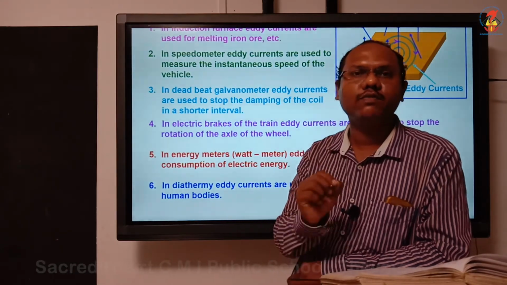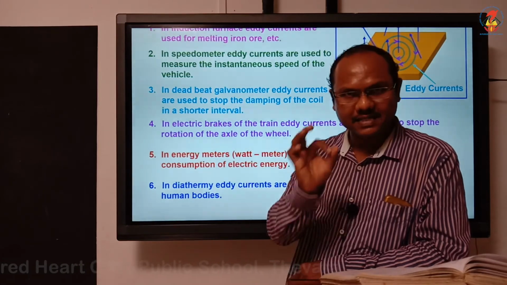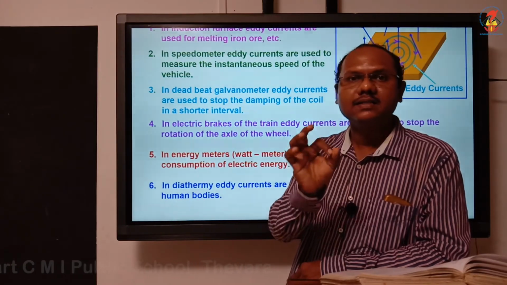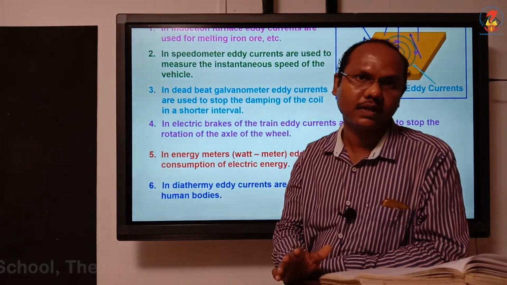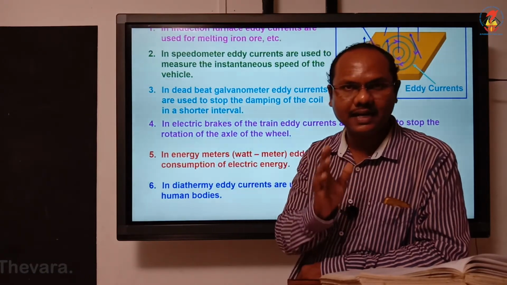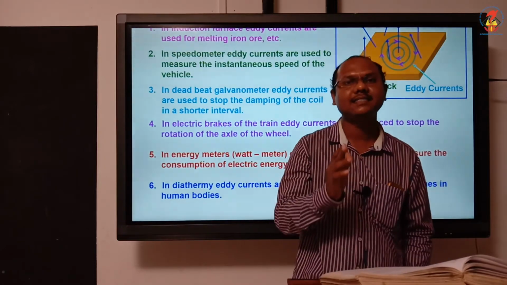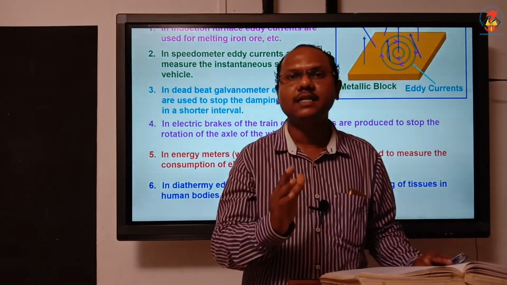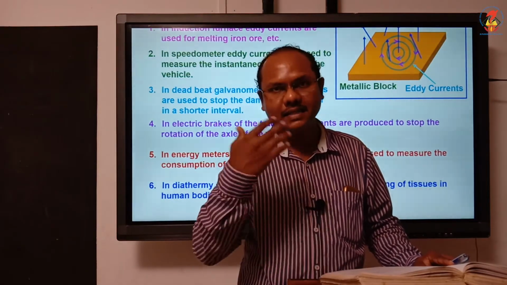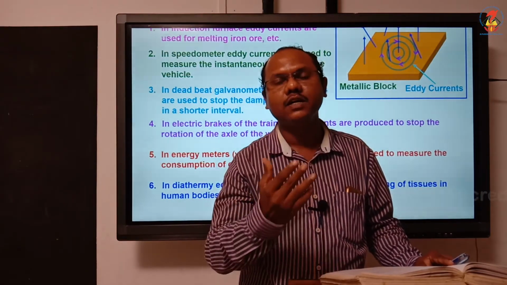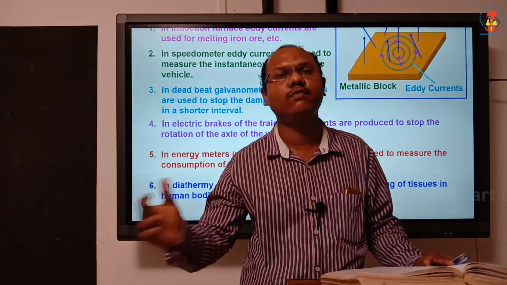The direction of the eddy current is always in such a way that it opposes the motion of the body, or it opposes the change in flux.